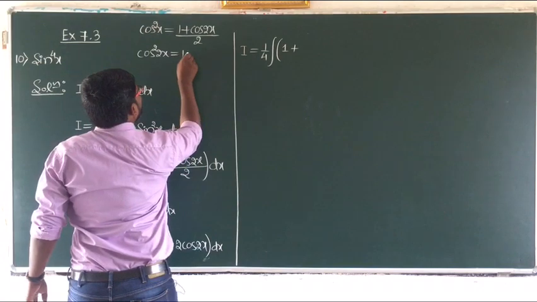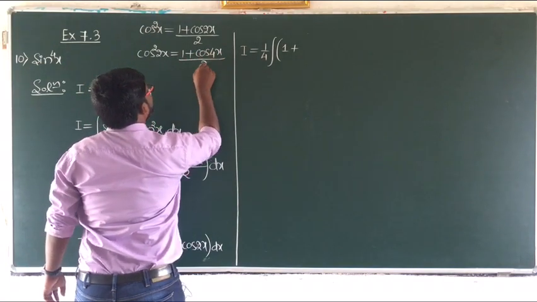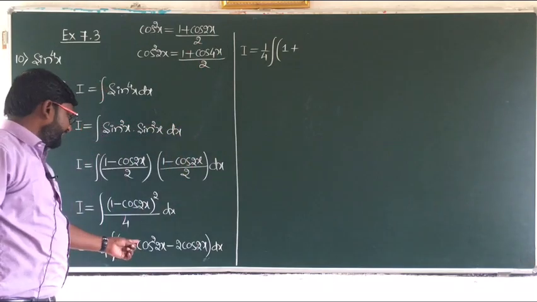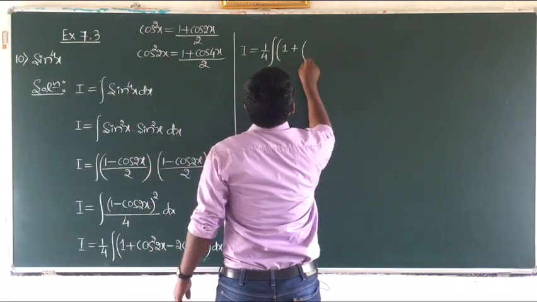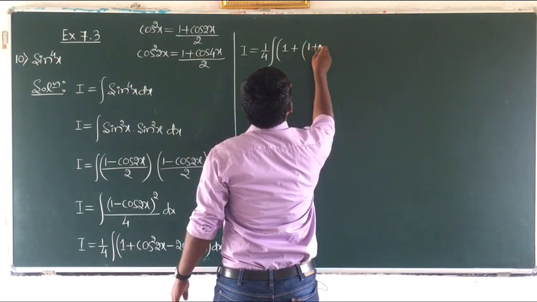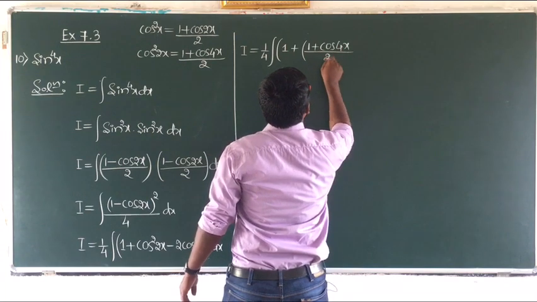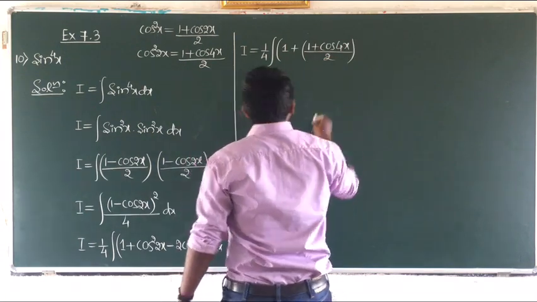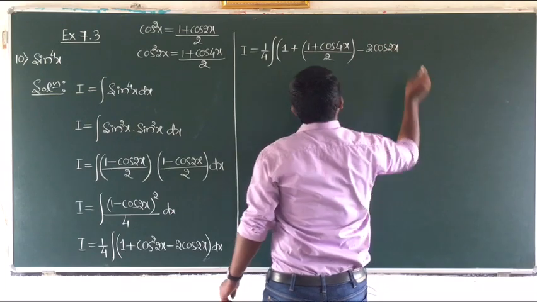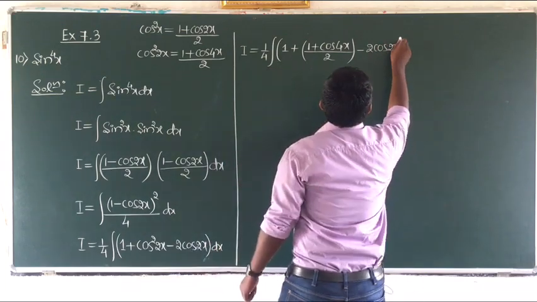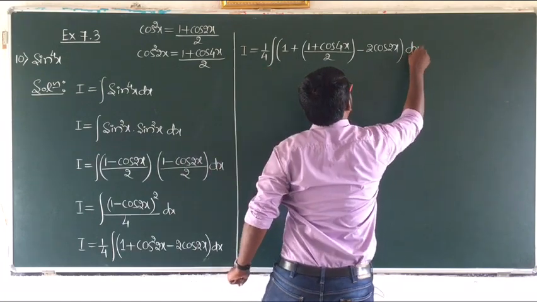So we get 1 plus cos 4x by 2. This we have to replace in place of cos square 2x, that is 1 plus cos 4x whole divided by 2, then minus 2 cos 2x as it is. Then I am closing this bracket and then write dx.